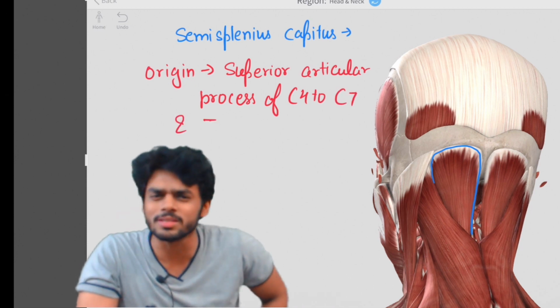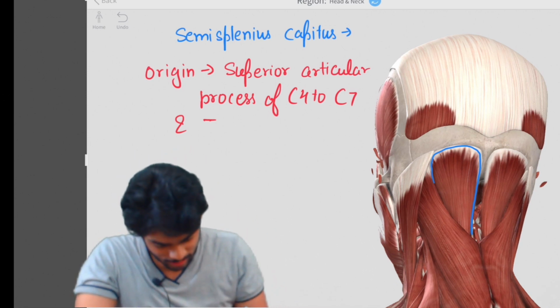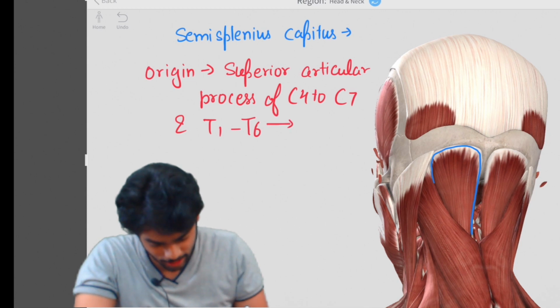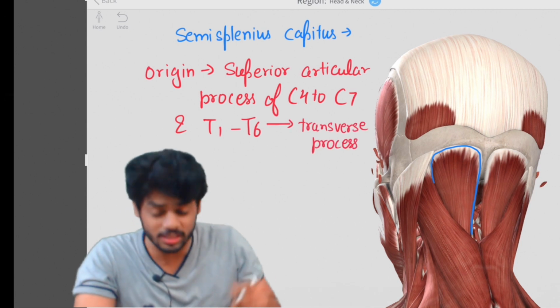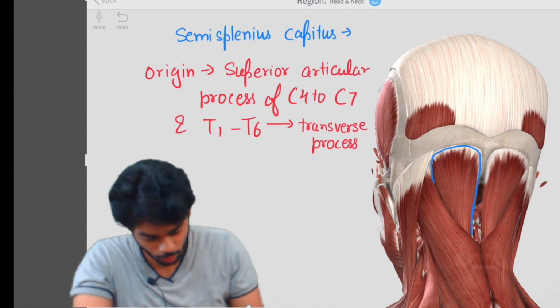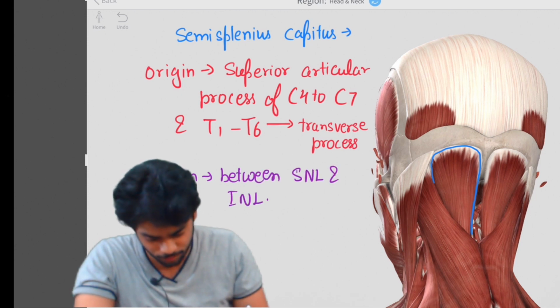What is C4 to C7? Our cervical vertebrae. And for T1 to T6 we have the transverse processes. Here is the origin. See how many origins there are. Then we have the insertion. Insertion you can see between the superior nuchal line and inferior nuchal line.